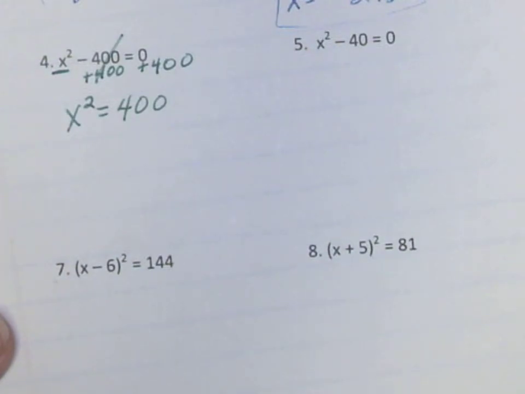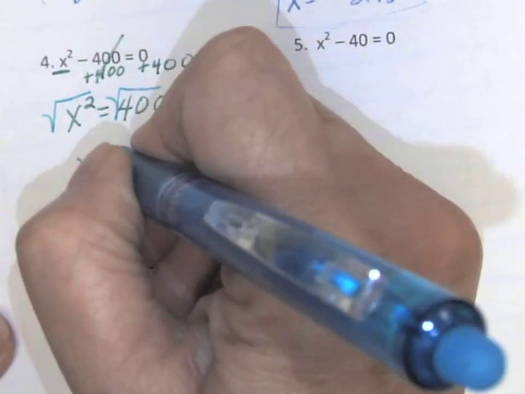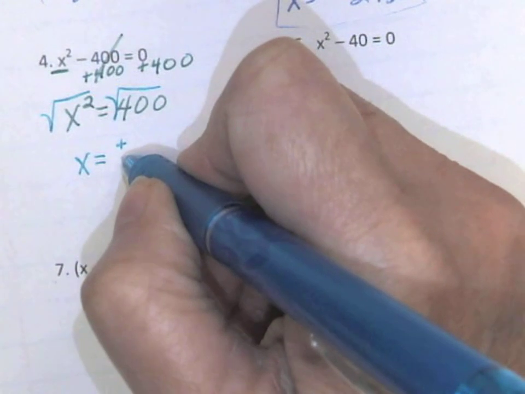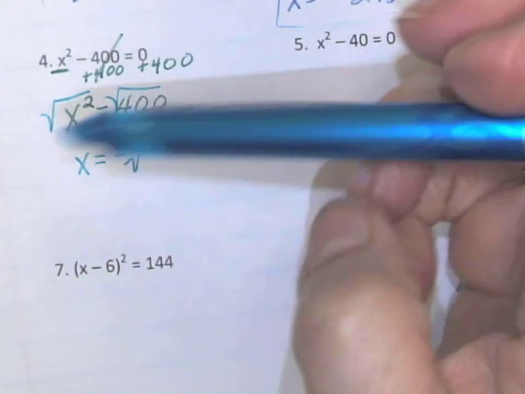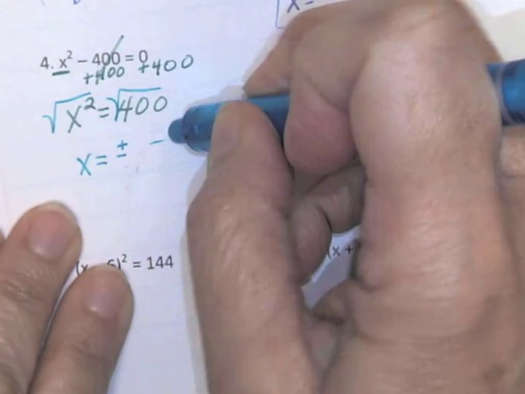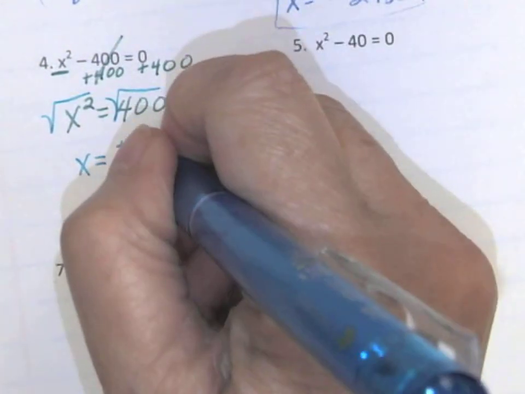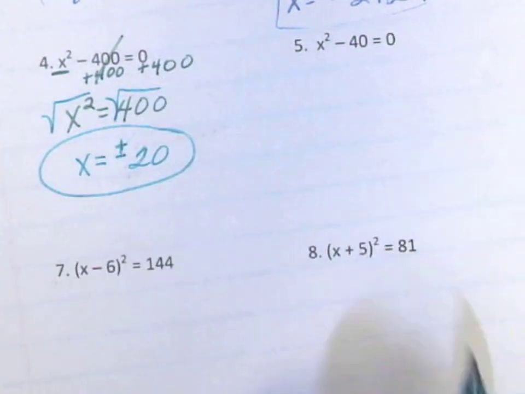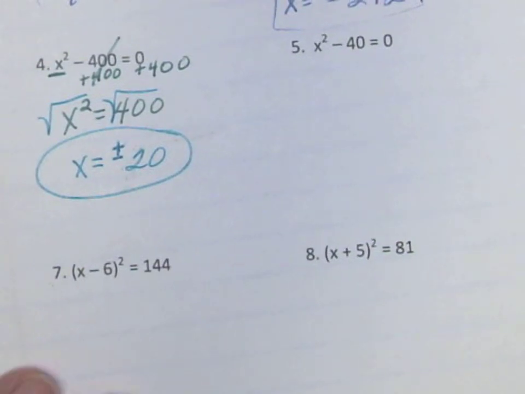Now that it's isolated, I take the square root of both sides. x is positive or negative square root of, all right, 400. Oh my goodness, I almost messed up. 400 is a perfect square. What's the square root of 400? It's 20. So there's my answer, positive or negative 20. Don't do more work than you have to do. If you're not sure it's a perfect square, always check first. Put it in your calculator and see.